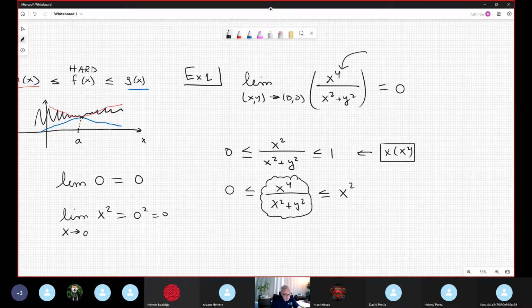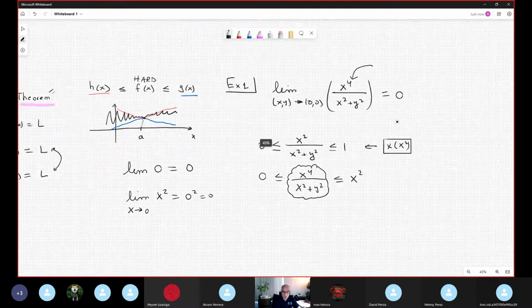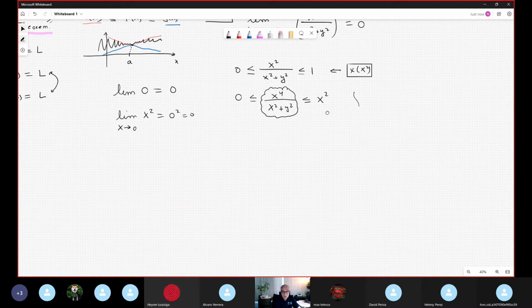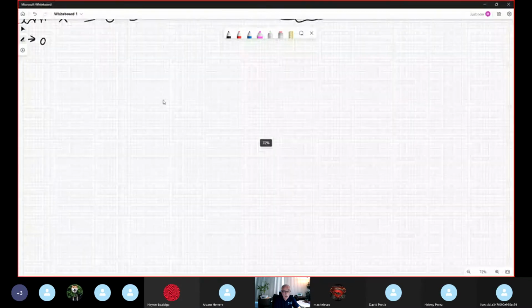Squeezy sometimes, guys, is a little bit sophisticated to understand. Let me try one more example, one a little bit more complicated. The sophisticated part is creating the inequality. It's using a little bit of imagination, common sense, imagination.